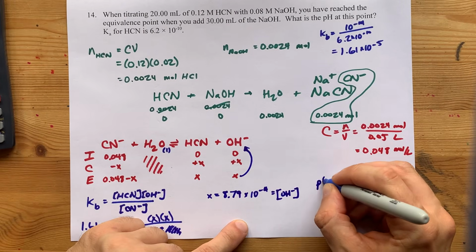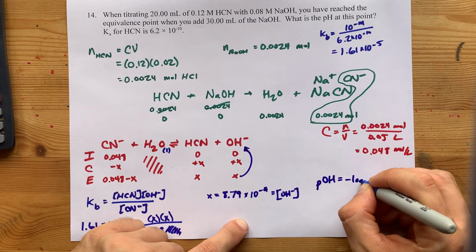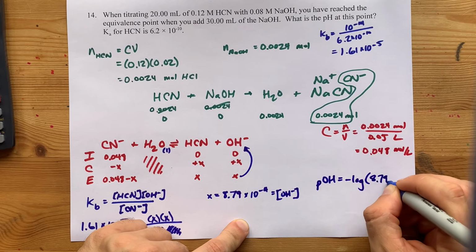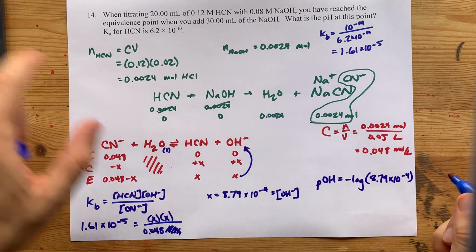Thus, the pOH is the negative log of that number. You know what to do from here.